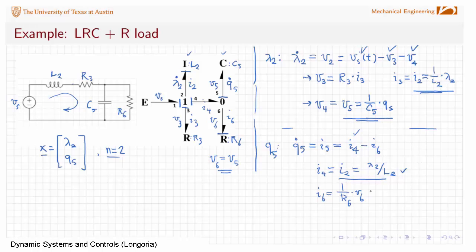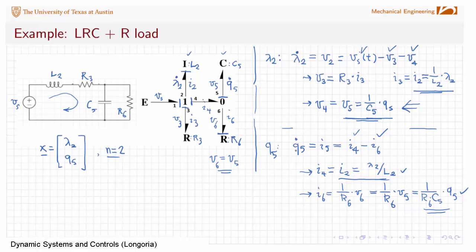That's important because V5 is, as I found here, a function of state. So I6 is 1 over R6 times C5 times Q5. And I'm done. So now I have found I4 and I6. So the right-hand side of this state equation can be expressed in terms of these two states, lambda 2, Q5, and parameters.